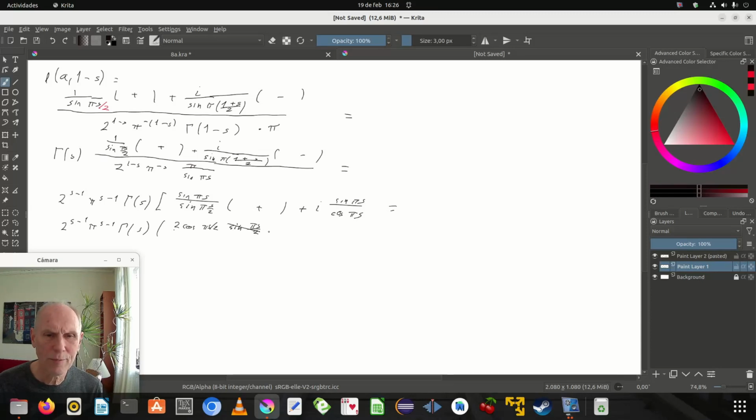And that cancels. And here it's cosine that cancels. It's s halves. So we take a factor 2 out.